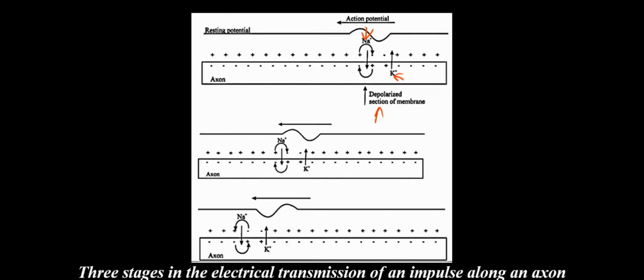So now we are going to be talking about the chemical transmission of impulse. We have said earlier that the transmission of nerve impulse across a synapse is by chemical means. How does this happen?